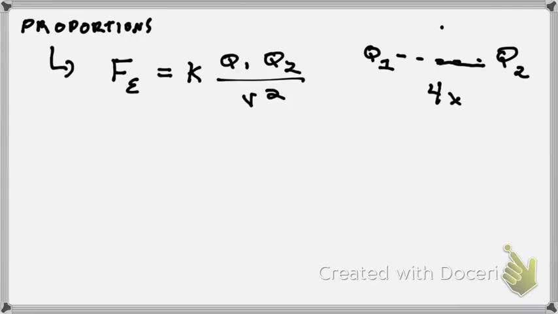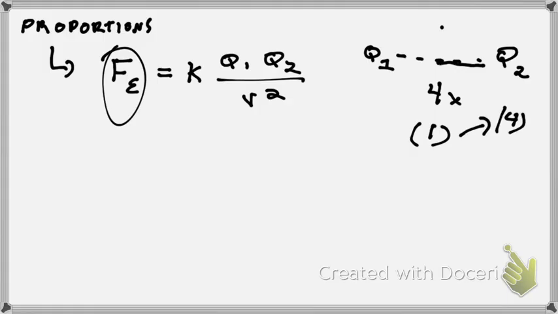How will that affect our electrostatic force? In terms of proportions, what we need to consider is if we had a value of 1 first, and we increase that to 4, how would that change our electrostatic force?